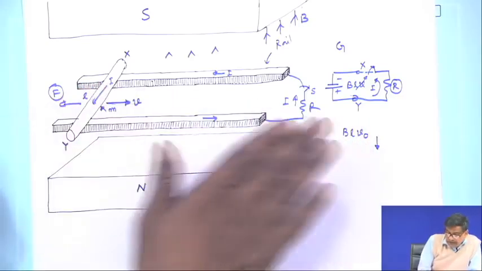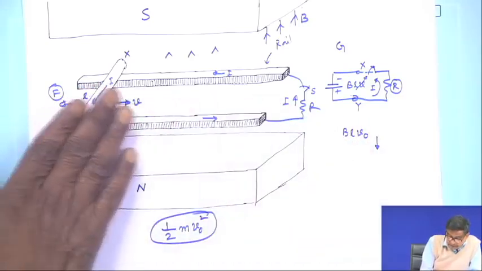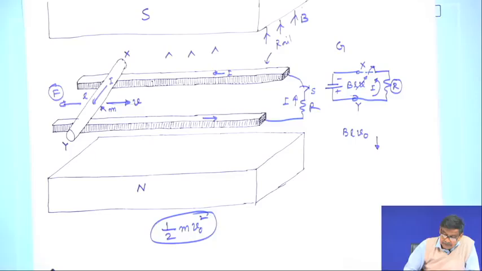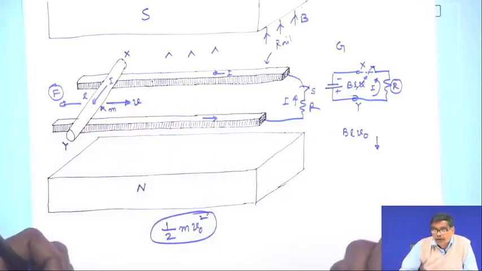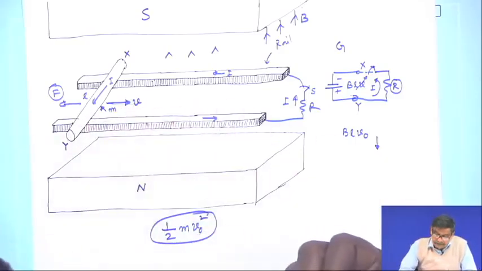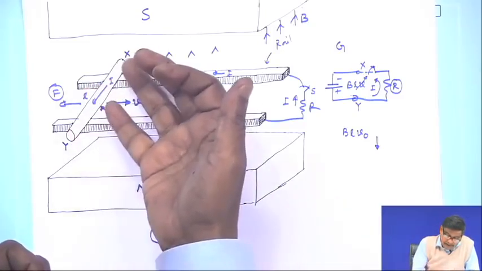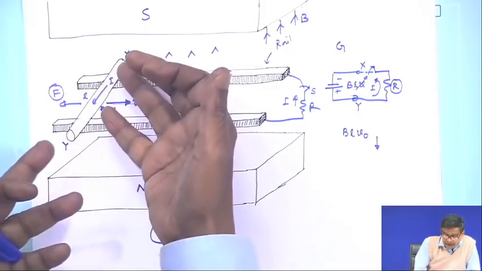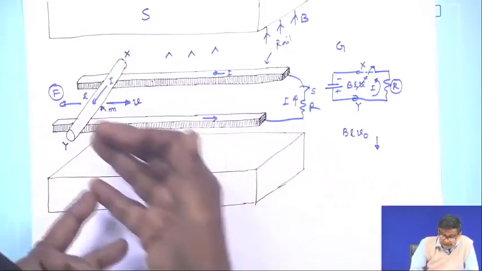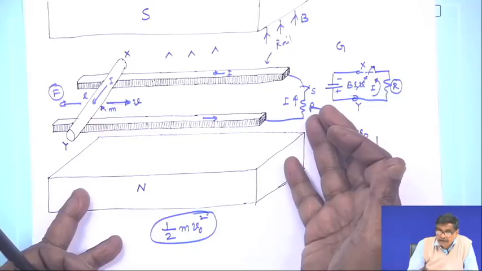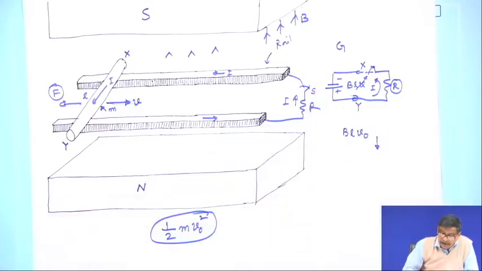Therefore, in the generator mode of operation also, when you want to extract power out of the generator, the kinetic energy stored in the conductor decreases. That energy is being converted to electrical energy, and in R it will be dissipated.